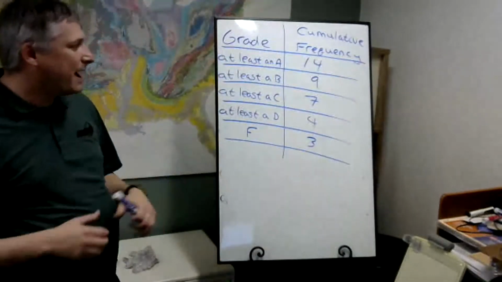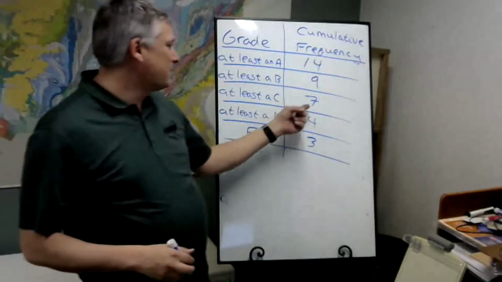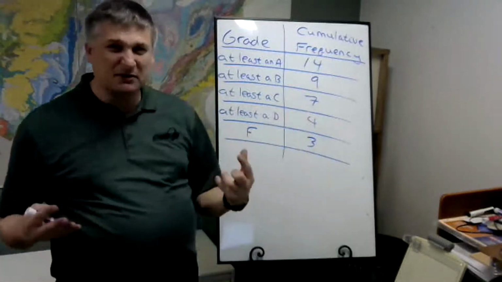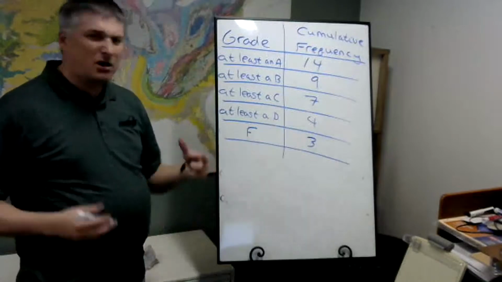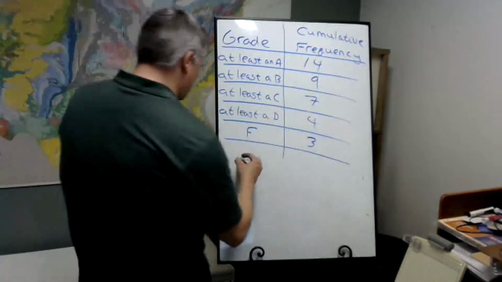So again, we look for patterns. And we see this is a jump of 3, this is a jump of 2. So they're kind of similar. But there's a small jump from F to D's.